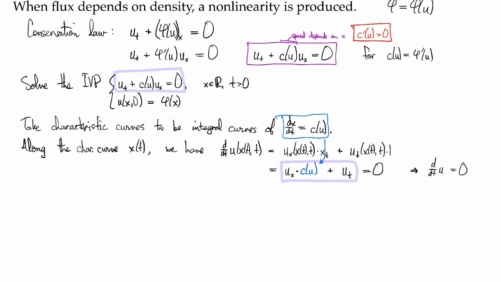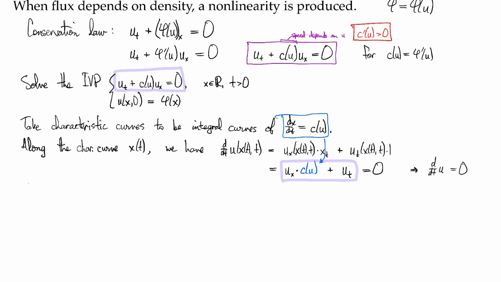So what that's telling us then is that density will be constant along the characteristic curve, which is exactly what we want for using the method of characteristics.